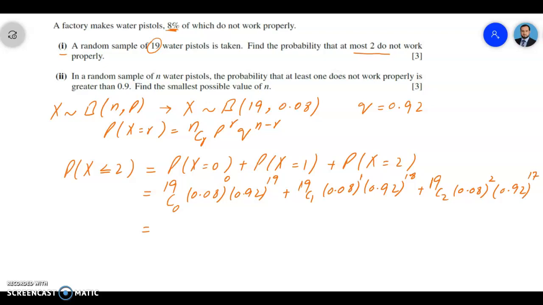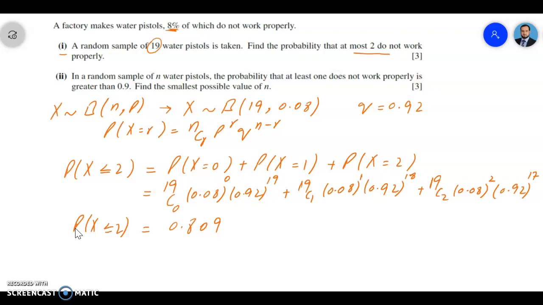Using the calculator, we find the probability of x less than or equal to 2 is 0.809.